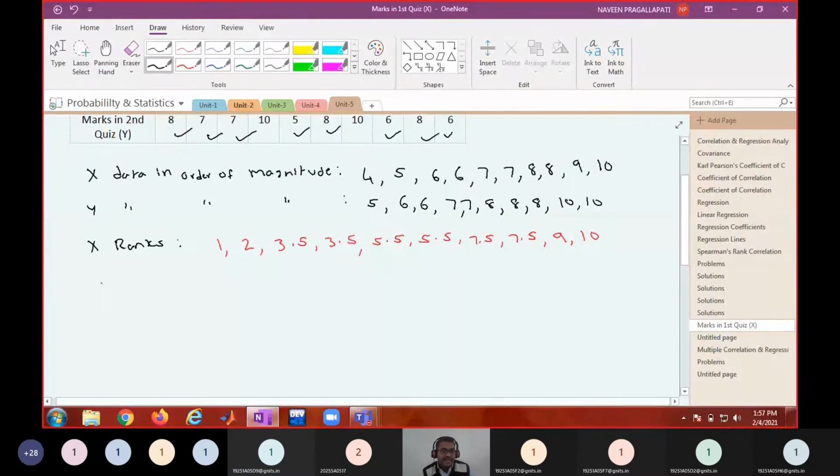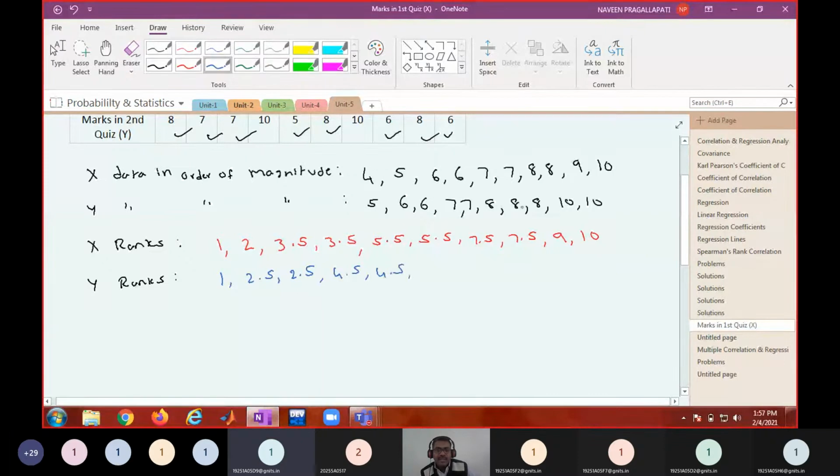Similarly, write down the Y ranks. So what are the Y ranks? First position, and 2 and 3 are occupied by the same number; the average of 2 and 3 is 2.5, 2.5. Next 4, 5, the average is 4.5, 4.5.